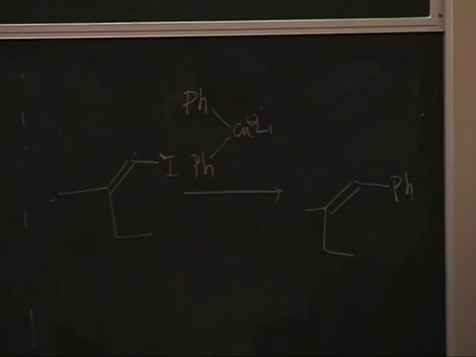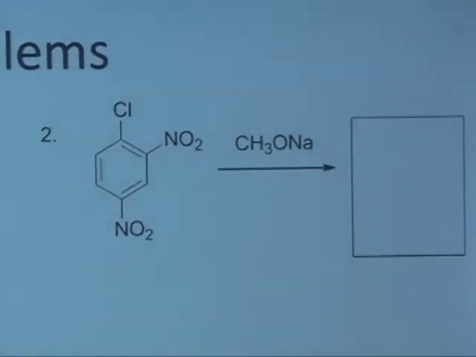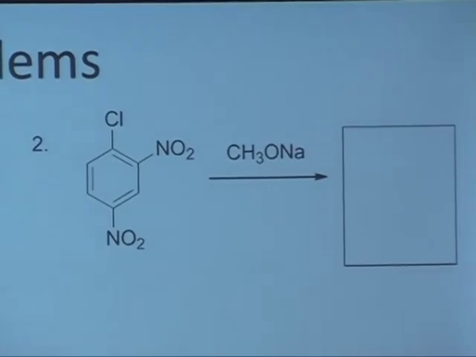All right. Now, this is one more example where you have what? What is this going to do? What is this reaction? SNAr. Nucleophilic substitution on an aromatic ring. So why did I put these up?